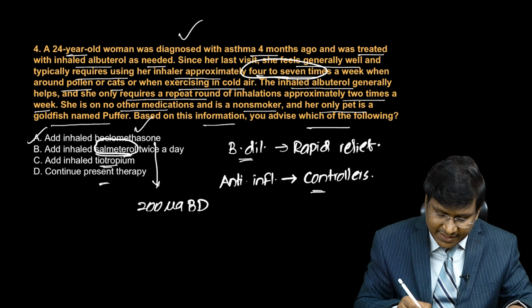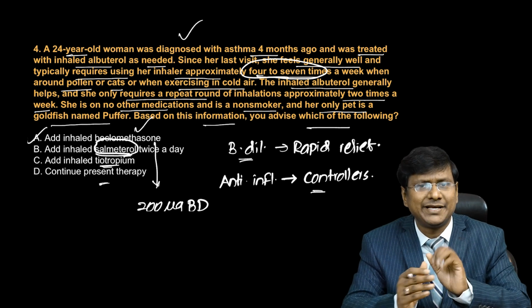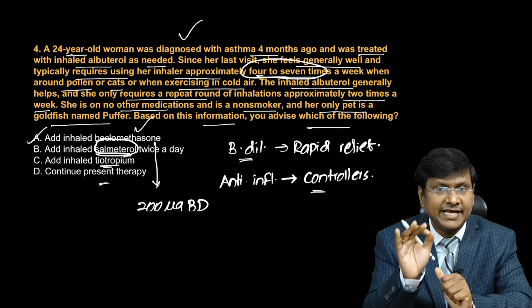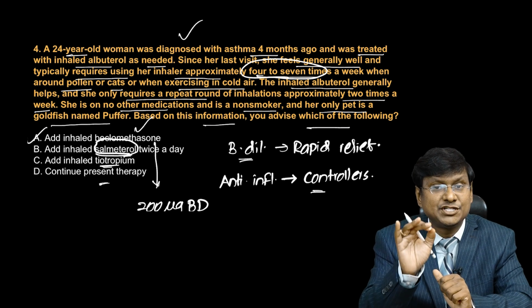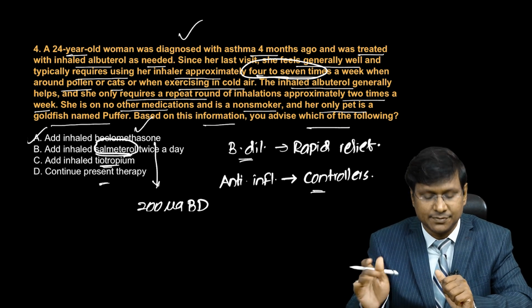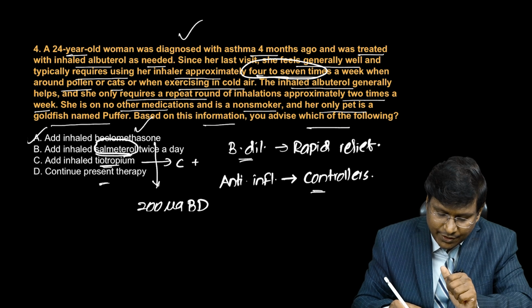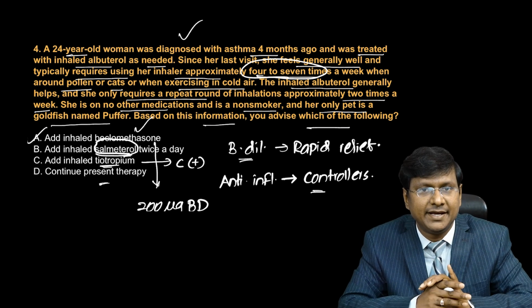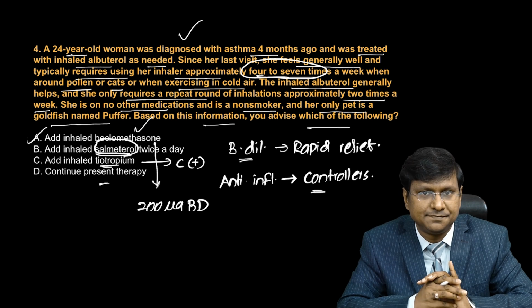And next is this thiotropium bromide. Thiotropium bromide is a muscarinic receptor antagonist, and they prevent only cholinergic nerve induced bronchoconstriction. That is the only thing that can be prevented by the muscarinic receptor antagonist.